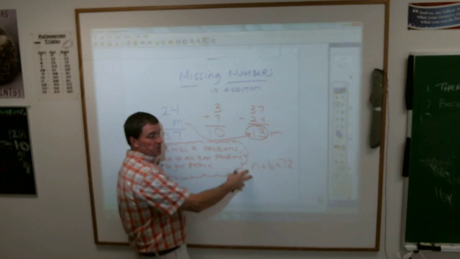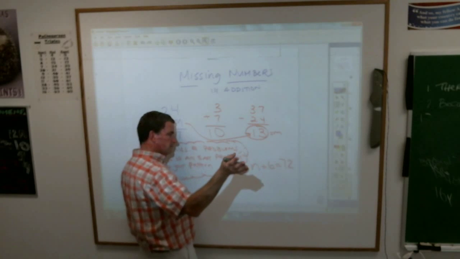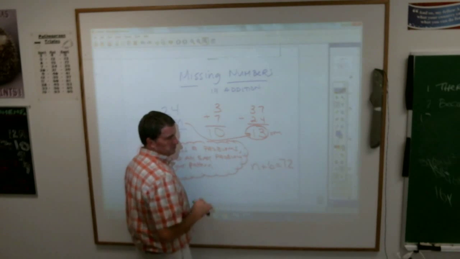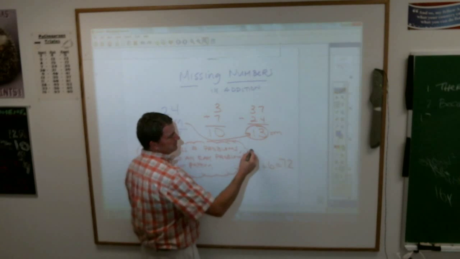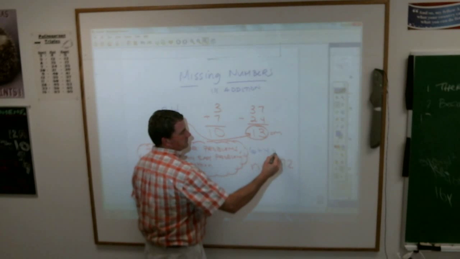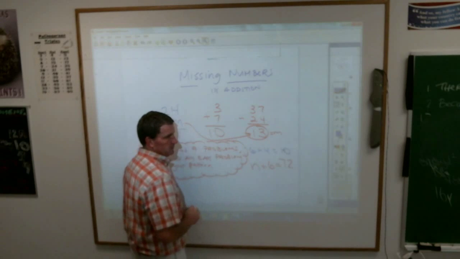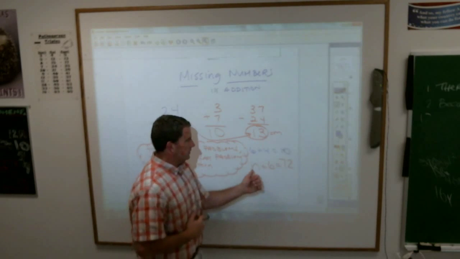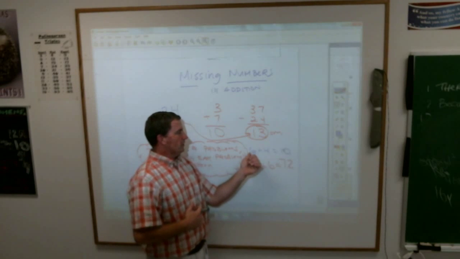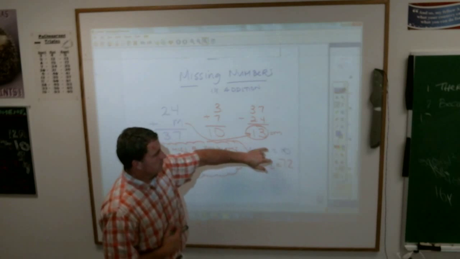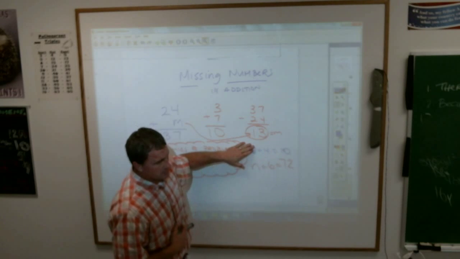Think of an easy addition problem, which might be what? Carolyn? Give me any easy addition problem. 6 plus 4 is 10, right? Is that what you get there? Okay. See, I'm missing the first number. But if I was missing this 6, what would I do with 10 and 4 to get 6? 10 minus 4.